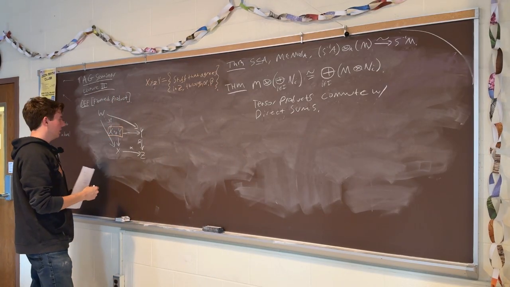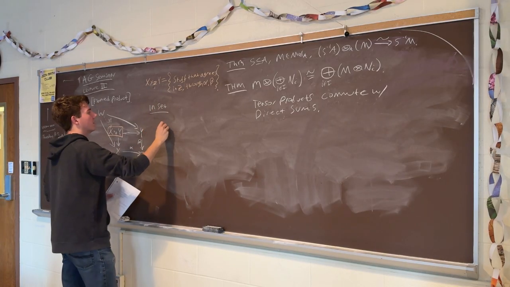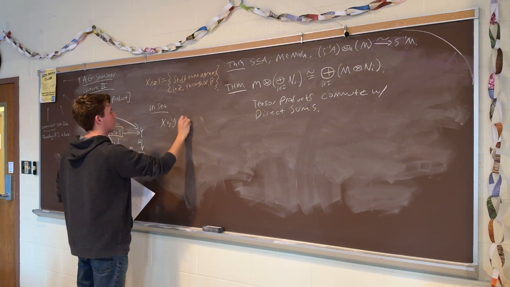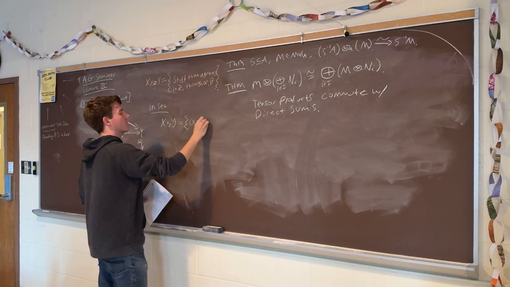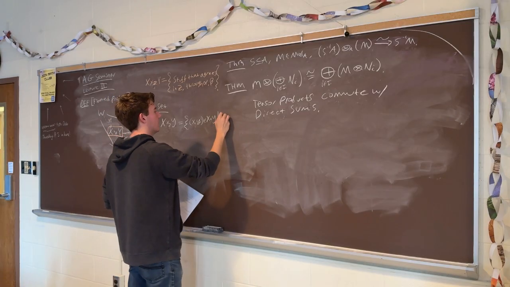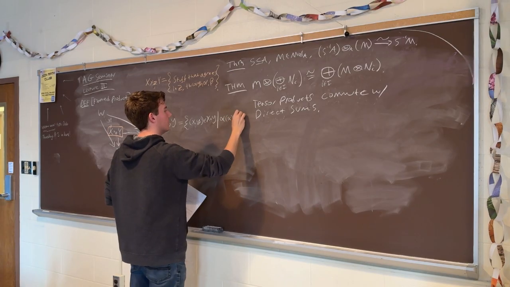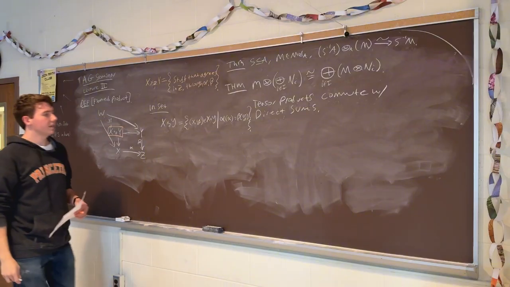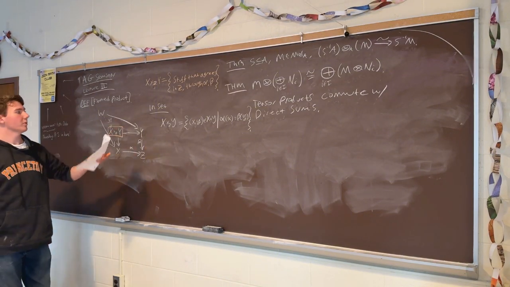More specifically, in the category of sets, the fibered product through Z of X and Y is the set of pairs in the product such that alpha of x is beta of y. And this is the transliteration of what I said in orange up here.